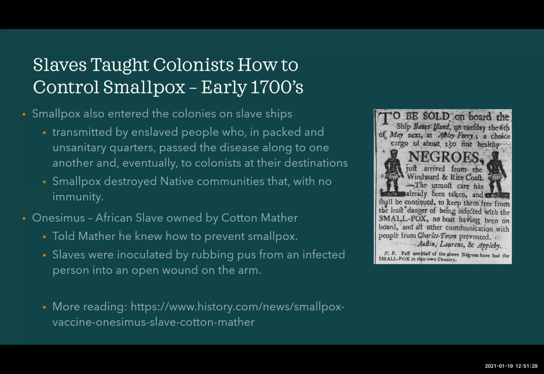However, due to racism, most people did not trust that this was a legitimate way to stop smallpox, and pretty quickly it fell out of favor.